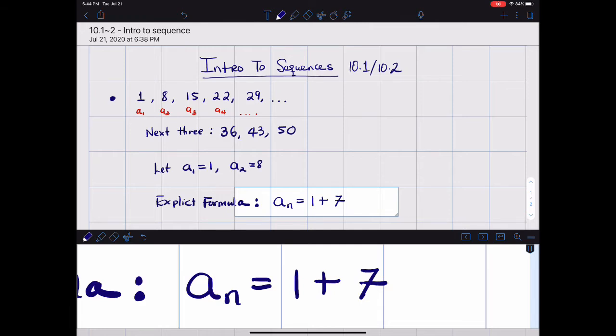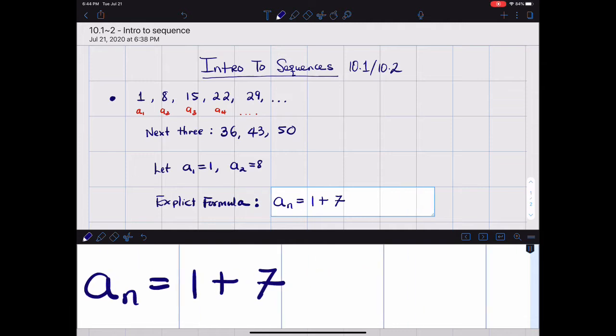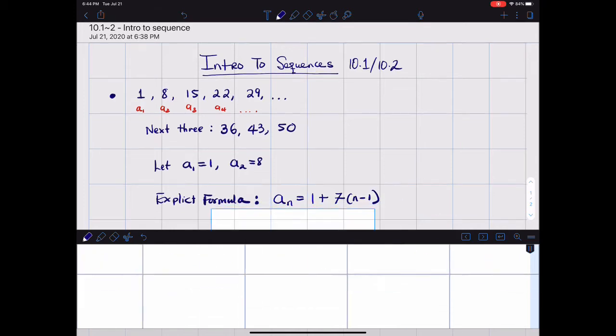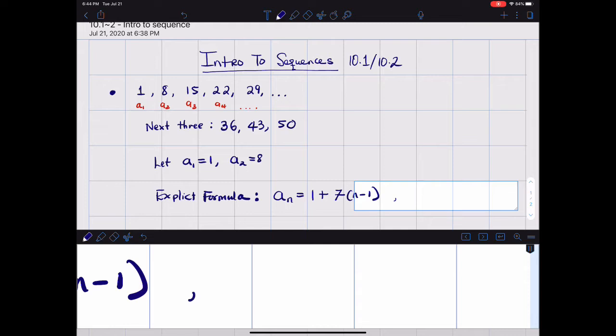A4 is 1 plus 7 plus 7 plus 7. So that's 1 plus 3 times 7. So this is 1 plus (n minus 1) times 7. So that's our formula. That's an explicit formula. So n goes from 1 to infinity and so forth.